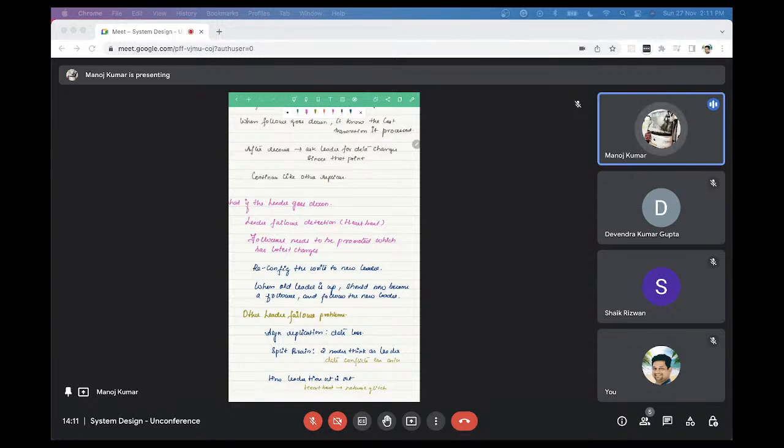So in a split brain, there are two nodes behaving as a leader, and if both of them are processing writes, obviously data conflicts will occur. Both leaders are now taking the writes, so who decides which data should be treated as the source of truth? That's where split brain occurs.